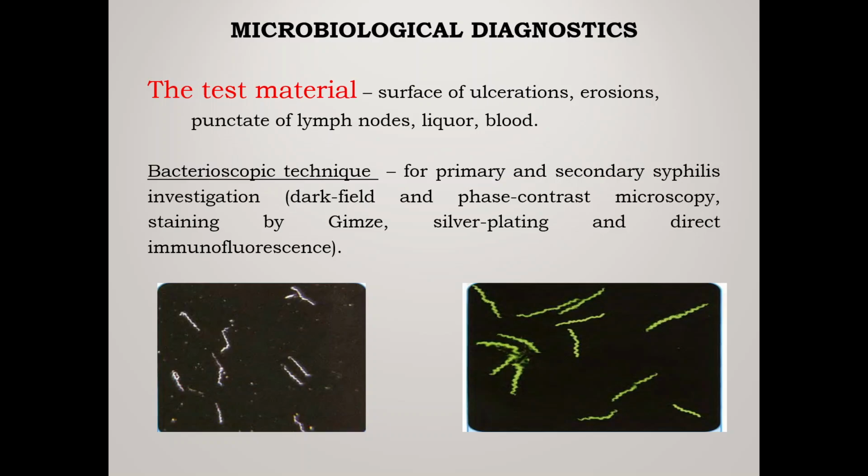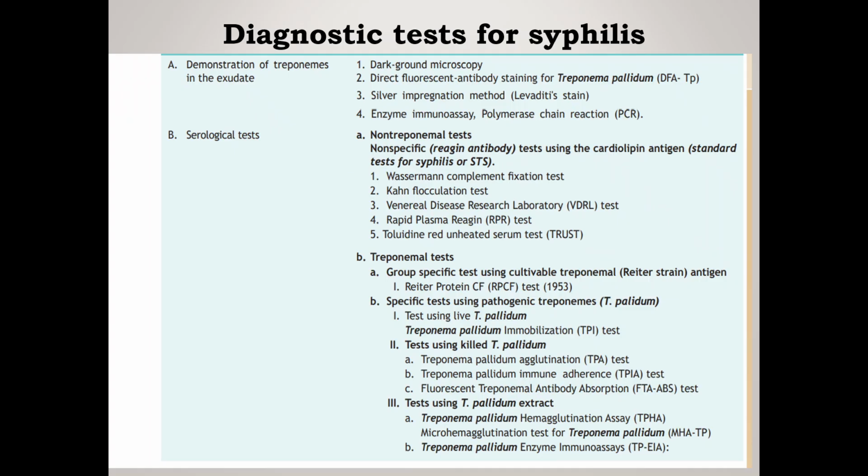You can use staining by Giemsa, pale pink color, silver plating, and direct immunofluorescence. This is dark field microscopy, phase contrast microscopy, and this is the immunofluorescence microscopic technique. Silver plating: brown color on a yellow field.